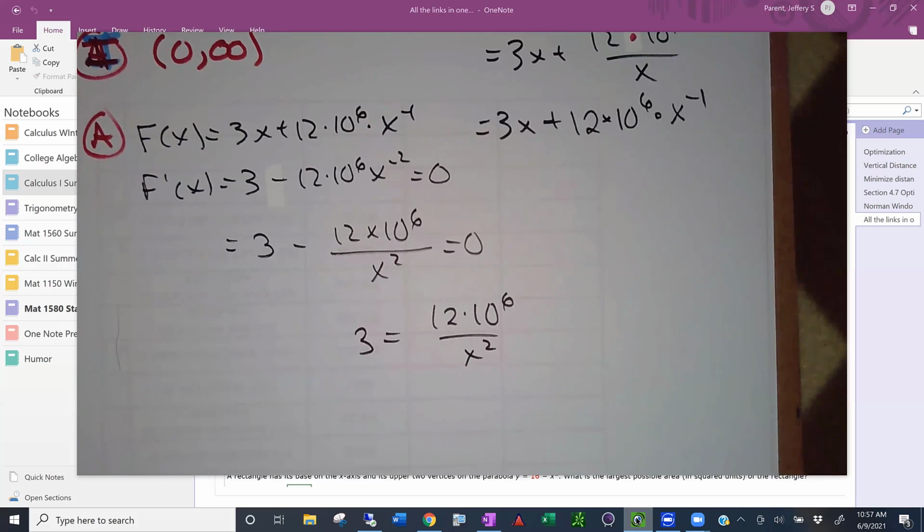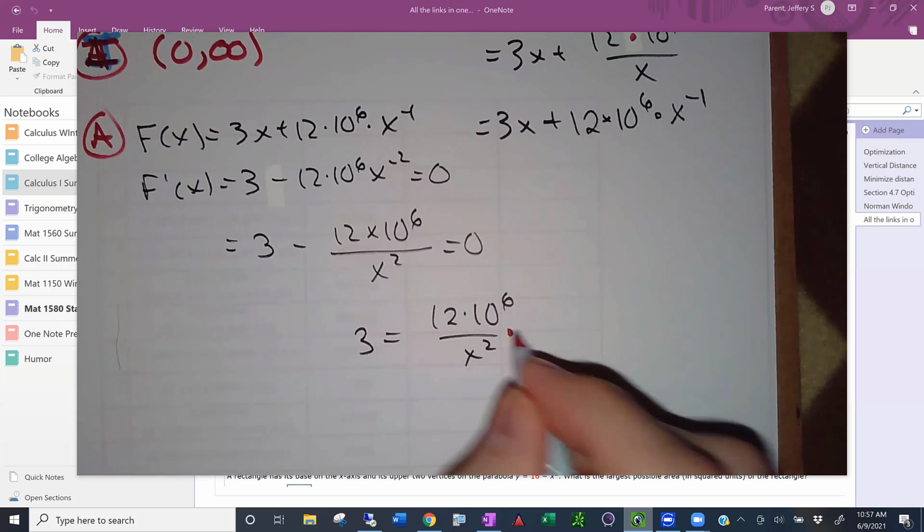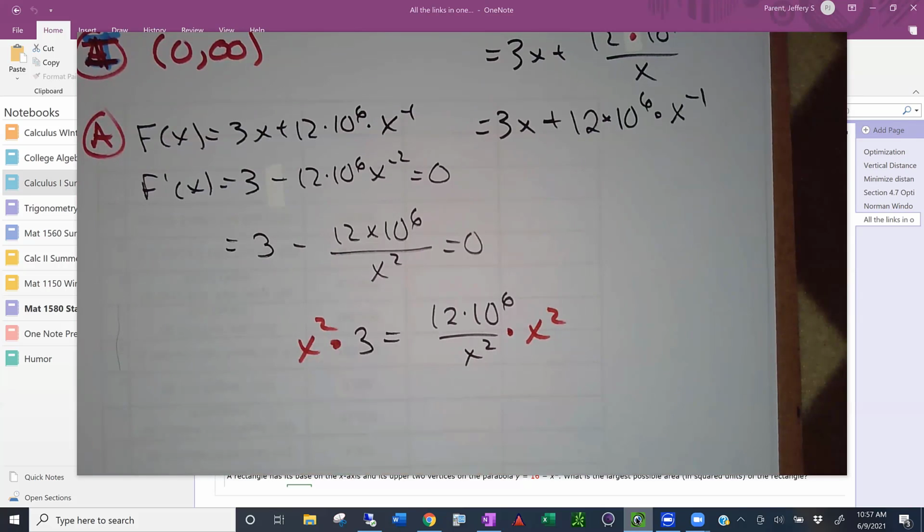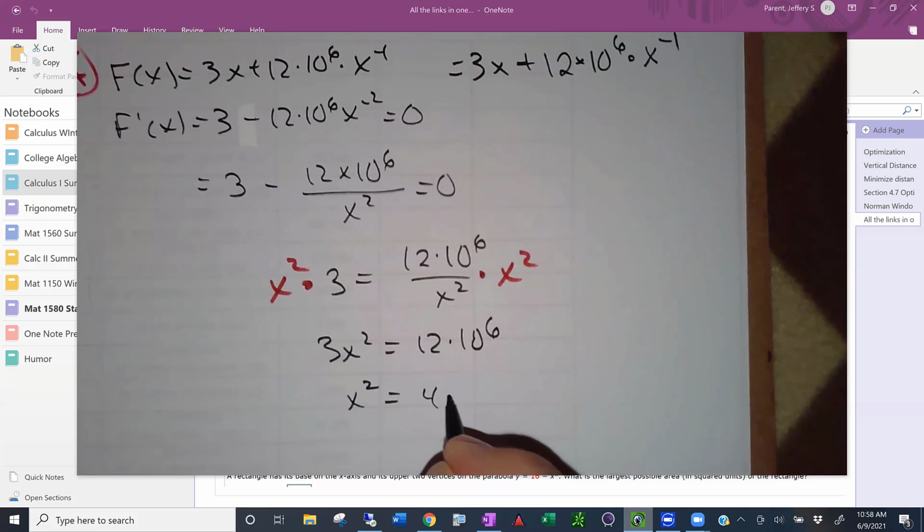How would you solve it from here? Not a bad idea would be to multiply both sides by x squared and get 3x squared equals 12 million. X squared equals 4 million, dividing both sides by 3. And finally, take the square root. I think it's going to be 2,000, right?